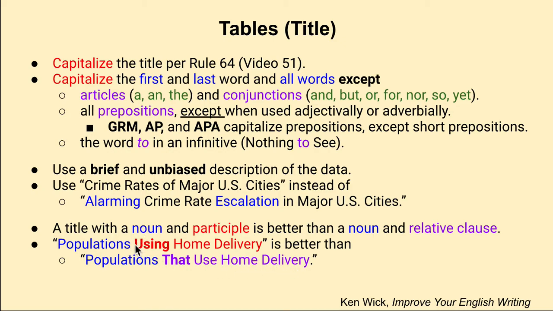So here you have the noun and the relative clause. So basically, this first one is preferred over the second one. So there you go. The title should be brief, unbiased, and a noun with participle is better than a noun with a relative clause. And capitalize it.